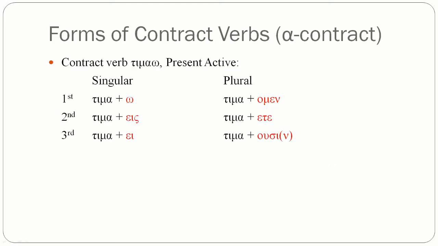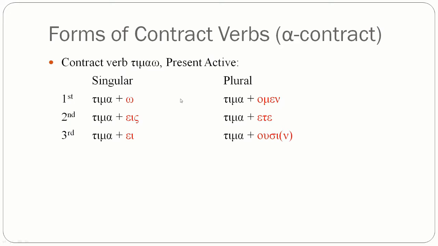All right, so now let's get into the specific forms of a contract verb. This is an alpha contract, timao, and timao means I honor. Okay, so we're going to go over the present active indicative, and this will show you how the contractions work. Okay. First of all, look at this slide. I've put the endings up there. They're highlighted in red, and these endings should be very familiar to you.